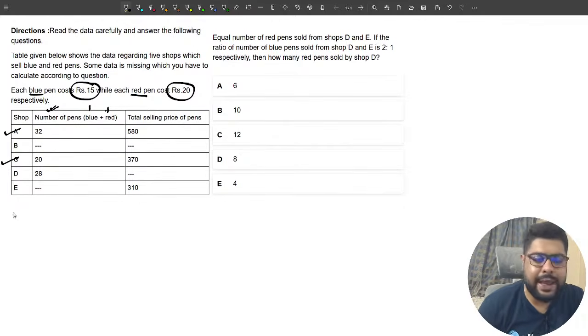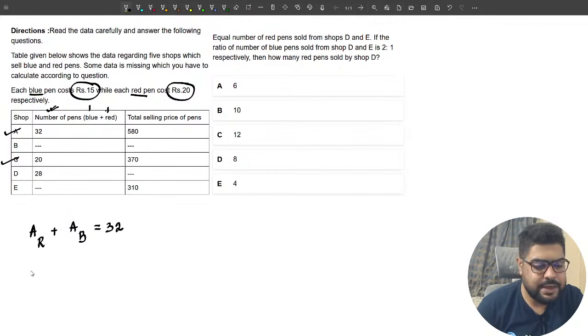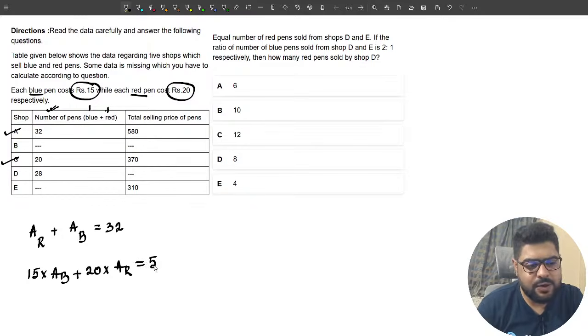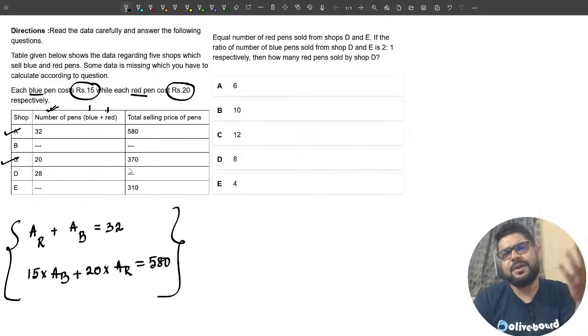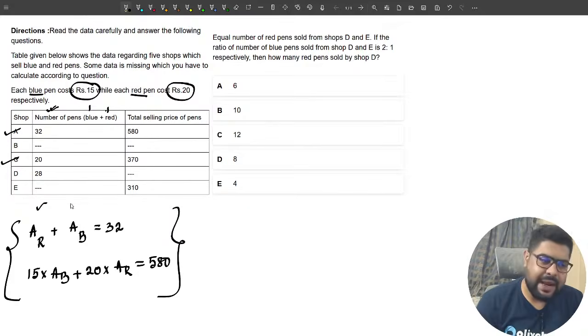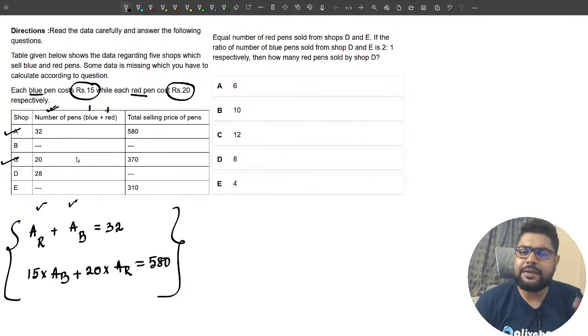If I talk about A, A's red pens plus A's blue pens, the total is 32. Every blue pen is 15 rupees. So 15 into the number of blue pens plus 20 into the number of red pens is the total selling price 580. Two unknowns, two equations, just multiply by 15 or 20, subtract, and you will get AR and AB. Similarly, I can figure it out for C.